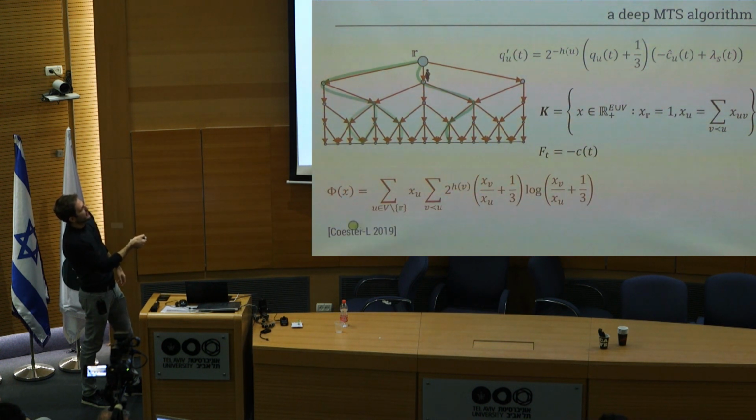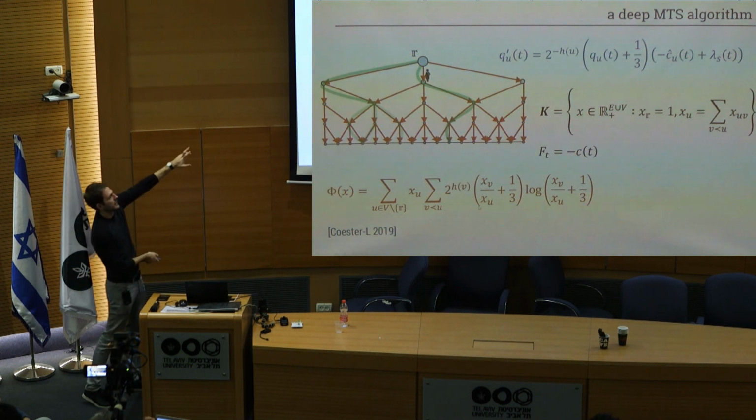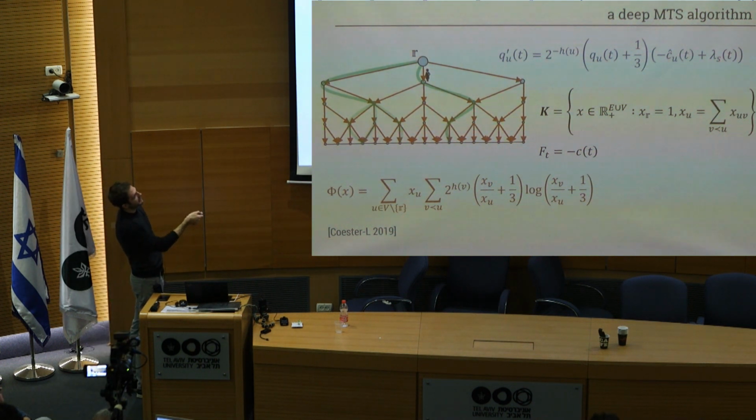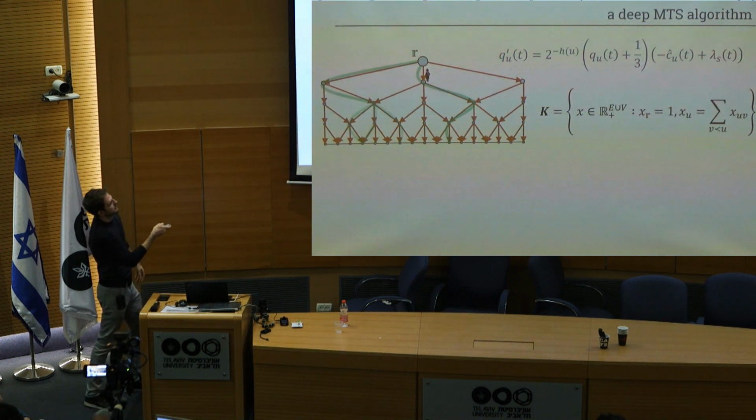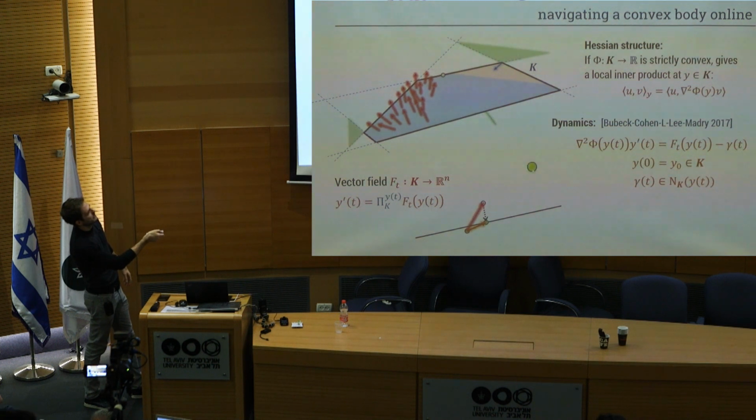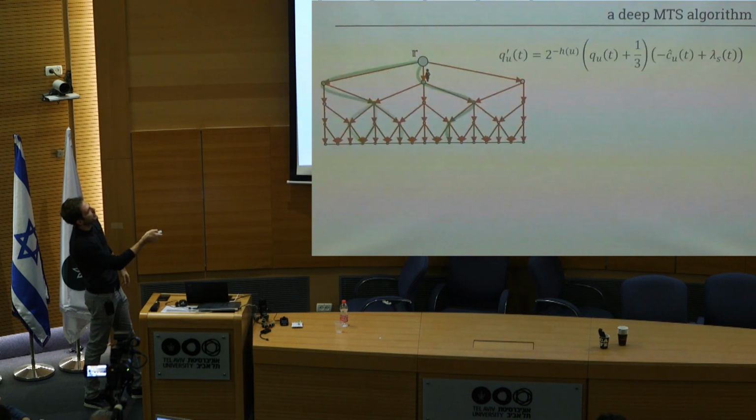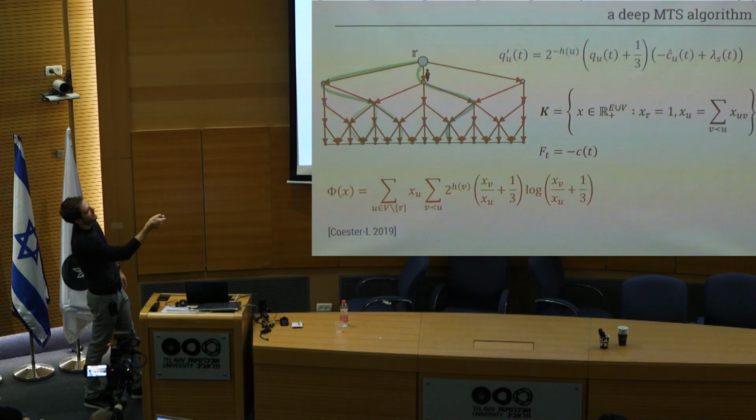But really, specifying a convex function specifies the whole algorithm, and my claim is that the dynamics induced by this algorithm are exactly these local dynamics I told you before.